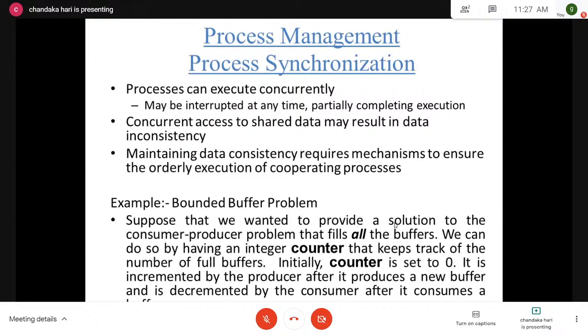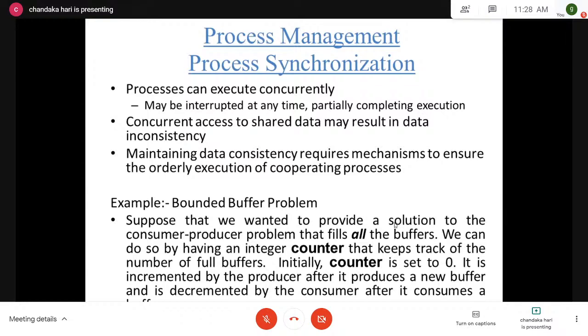So what do you mean by this? Before going to the detailed discussion about process synchronization, we have already seen the multi-process organization.